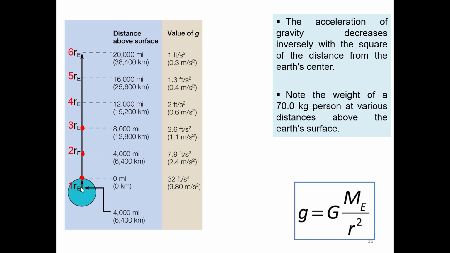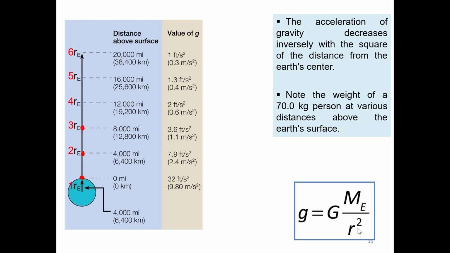This is why we can calculate, for example, the G value if the radius of the Earth is twice, or 3 times, or if we want to know the acceleration of gravity if the distance is 3 times the radius of the Earth. We can use this equation because this is the mass of the Earth, which is a constant value, and this also is a constant value. Then basically G depends just on the distance.